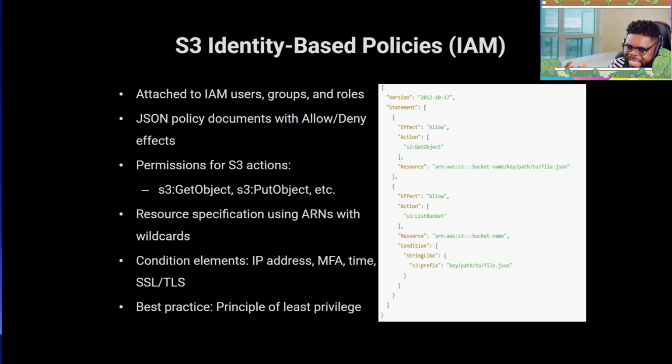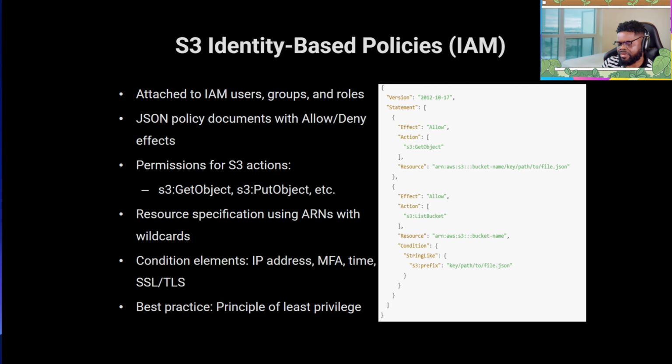We're allowing this entity, whether it's a user, a group, or a role, to get objects from a particular bucket, and we're specifying the objects that we want them to access. There's also a policy beneath there that says I want to be able to list buckets, so list the items in the bucket. That's just at the basic level, but you can go further. You can use wildcards, and you can use conditions, for example, if the person's IP address matches this one, then that's when I allow the person to see the bucket or the files in it.